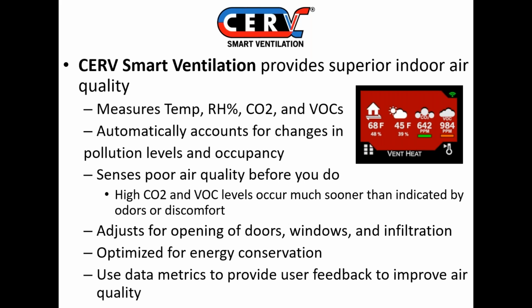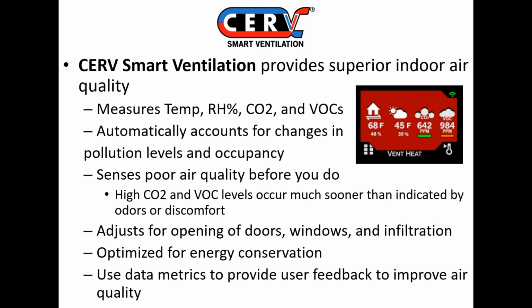Then the system, by using these inputs, can adjust for different activity levels, different infiltration rates due to either leakiness in the home or doors and windows being opened and closed. You can set the CERV to optimize for energy conservation, which it's doing automatically.